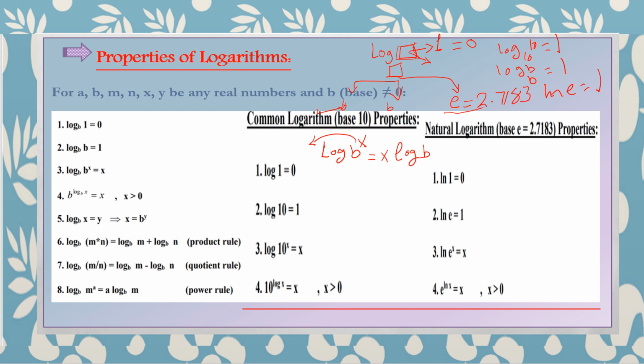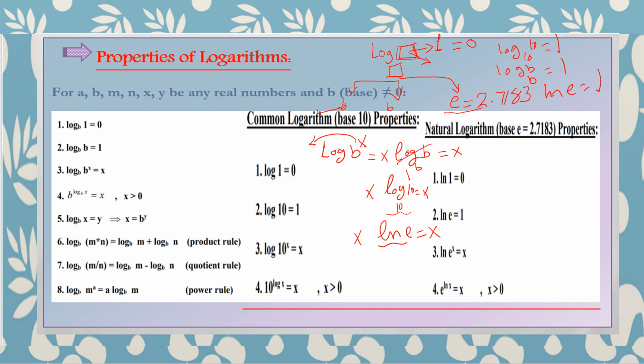When the base equals b, then log b for b means 1, so this equals x. When we have x times log base 10 for 10, this means x, as this quantity equals 1. When we have x times ln e, this quantity equals 1, and this equals x.